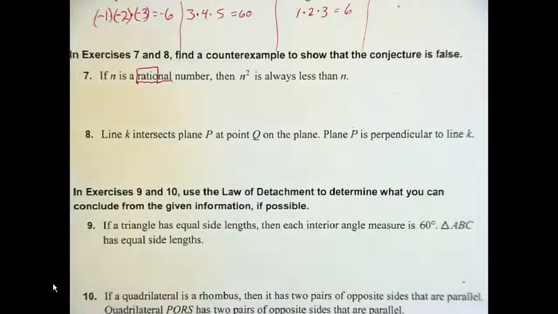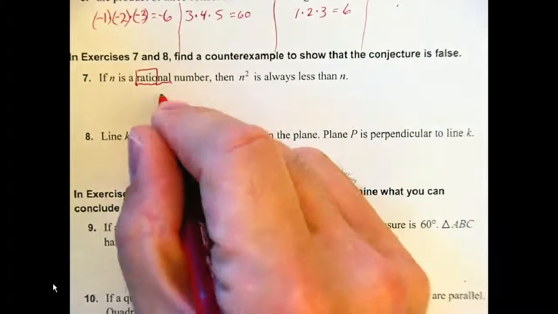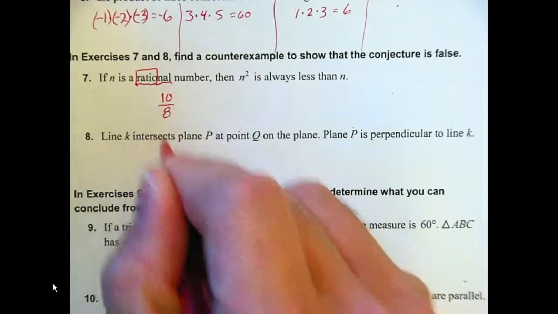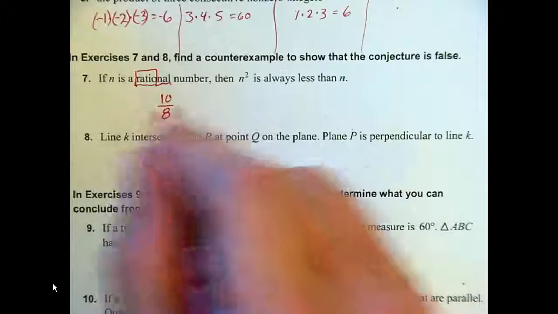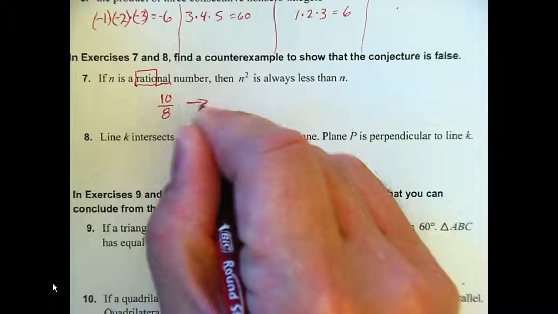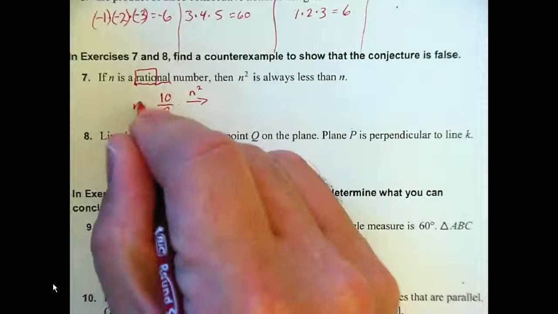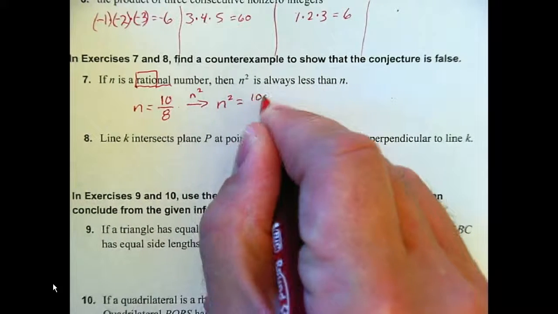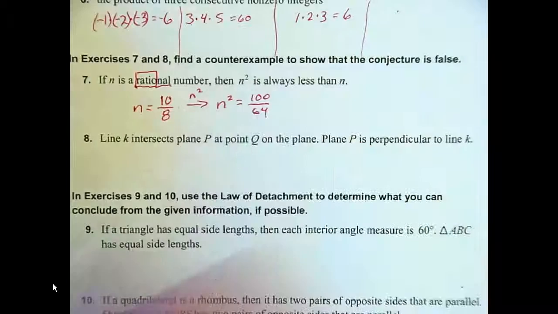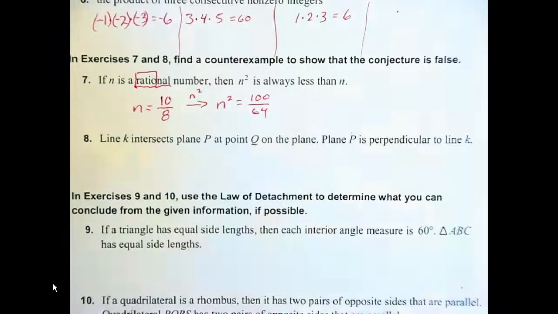Cynthia. Okay, if n is 10 over 8, which n squared then would be? So n squared would be 100 over 64. Okay, so does that work?